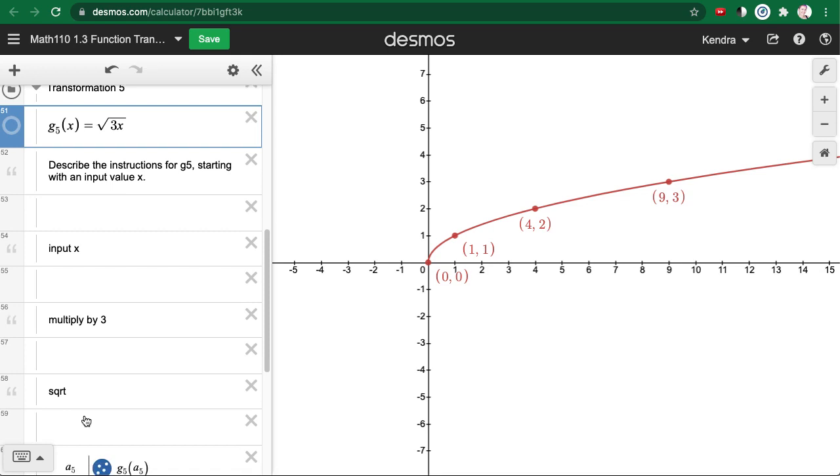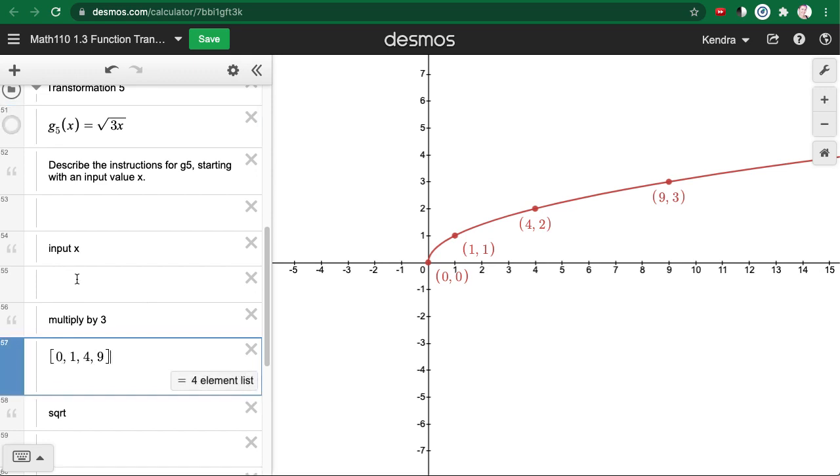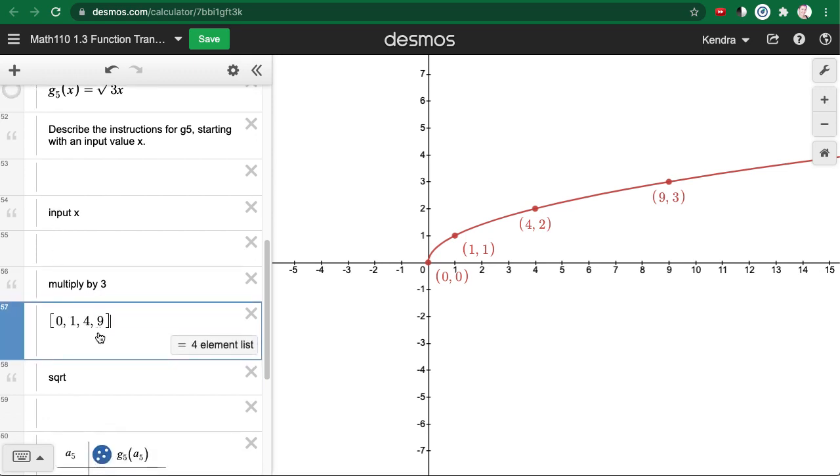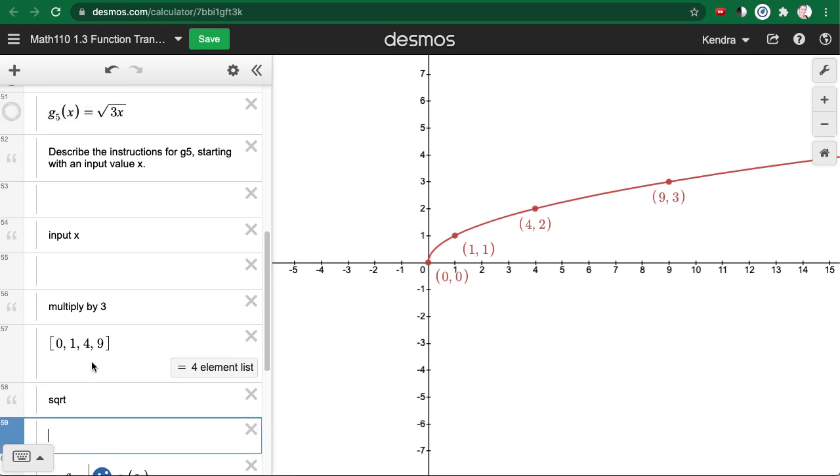Okay, my key input values to the square root function are 0, 1, 4, and 9. I want to take the square root of those numbers, so I'm actually going to put those here. I'm not putting those in for my x, like my original input. So I know how to take the square root of those key numbers.